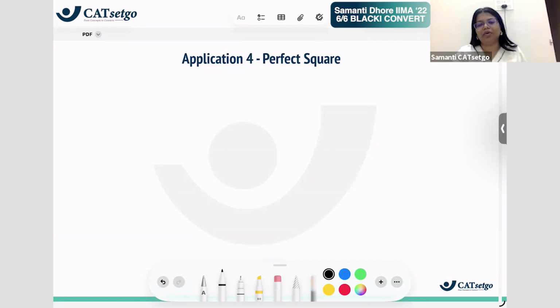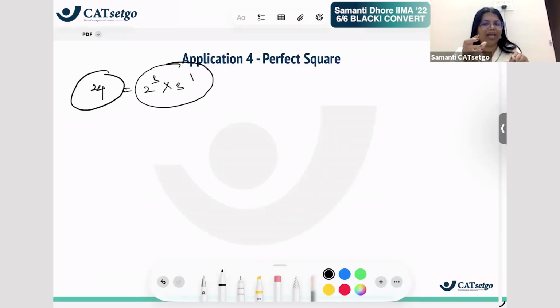Perfect square means basically what happens is, let's say you're given any prime number. We will take 24 again because that is what we are doing, right? The whole point is to make this a perfect square. The given number is 24. To make 24 a perfect square, you will need prime factorization in such a way that the power of each of the values is an even number, right?